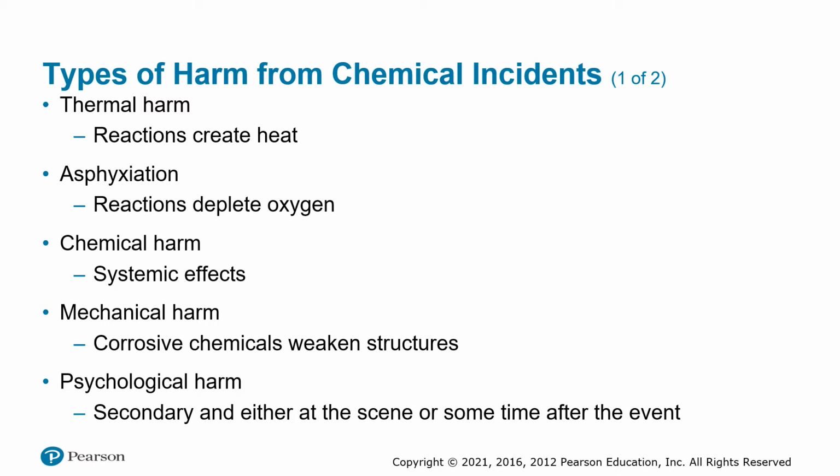It causes asphyxiation where we deplete the oxygen. Chemical harm has systemic effects on the body. Mechanical harm can cause weakened structures because of the corrosive chemicals. And then psychological harm is secondary, either at the scene or sometime after the event.